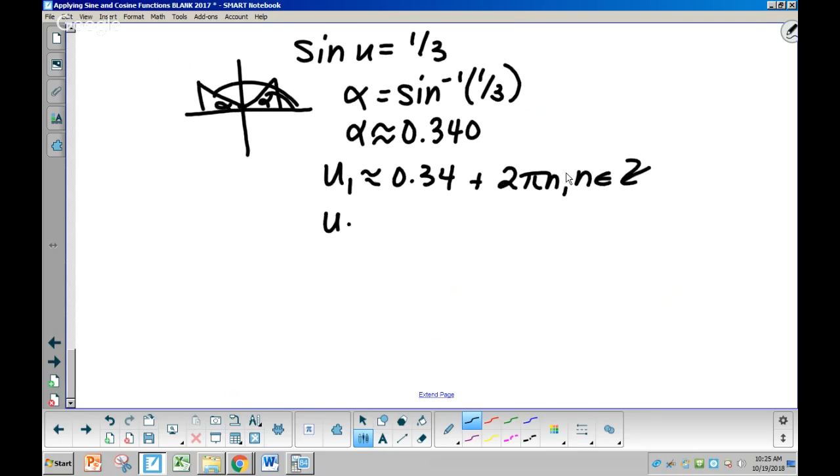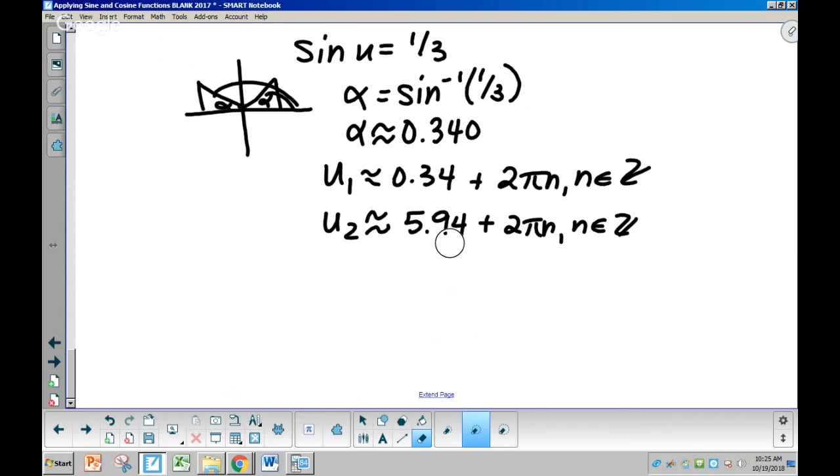The u2 is going to be pi minus that, which is 2.80, plus 2 pi n, where n is an element of the integer set. Oh, it's pi, right? Sorry about that. It's not 5.9, I went right down that road with you. So what is it? 2.80. Thank you.